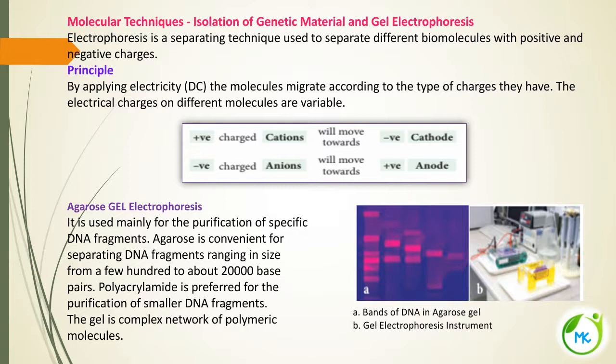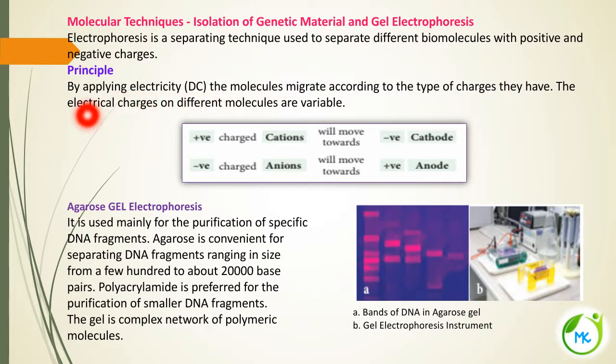The isolation of genetic material and gel electrophoresis. Electrophoresis is a separating technique used to separate different biomolecules. Based upon their positive and negative charges, the molecules can be separated.